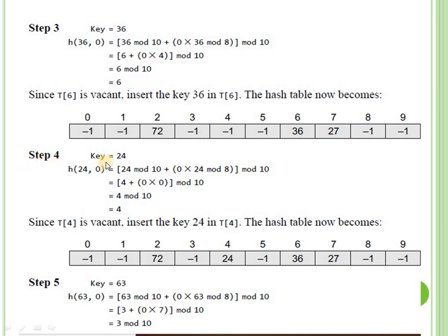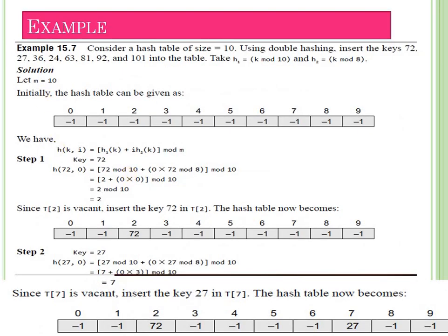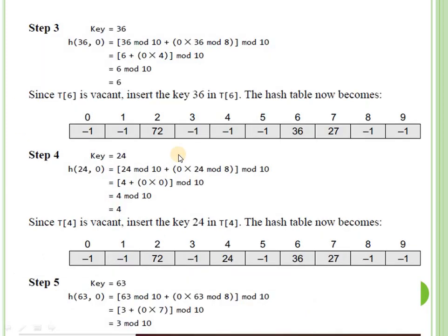Now consider step 4. Here the key is 24. So we have to calculate H of 24, 0. The formula for this is H1(K) plus I times H2(K), where we have the first hash function and the second hash function, and I is the same. After putting the values, we get 24 mod 10 plus 0 into 24 mod 8, where I is initially 0, whole mod 10.